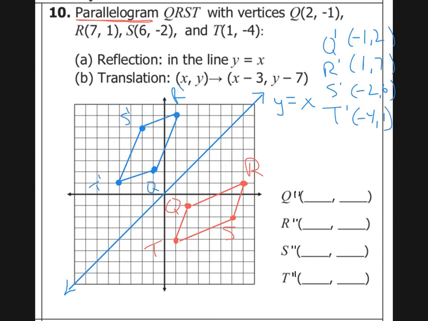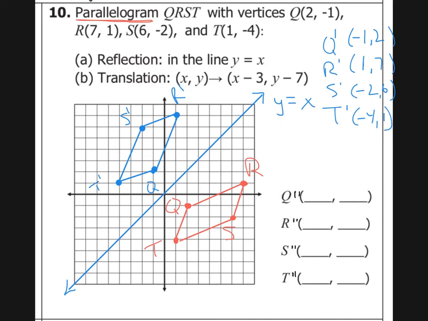Now just a couple of things. One thing I want you to immediately change right here is the QRST was originally called Q prime, R prime, S prime, T prime. I'm going to call those double primes. Since I'm moving twice, I wanted to have a sort of interim location of coordinates to keep track of what's going on. So if you remember, when you reflect across a y equals x line, what happens is our original coordinates of Q just flip-flop.